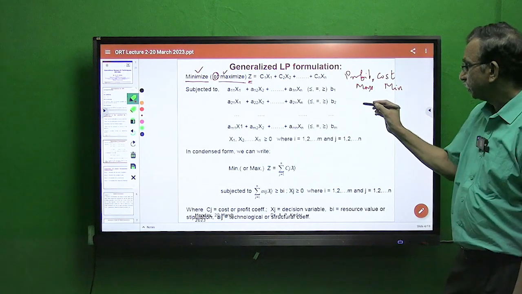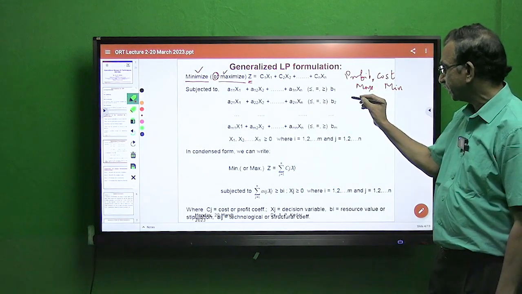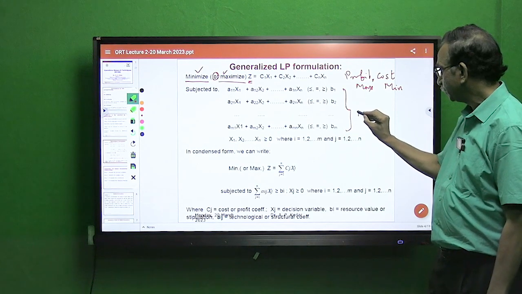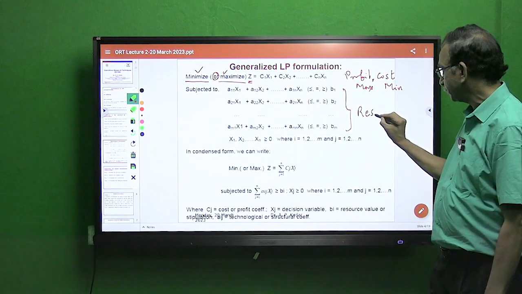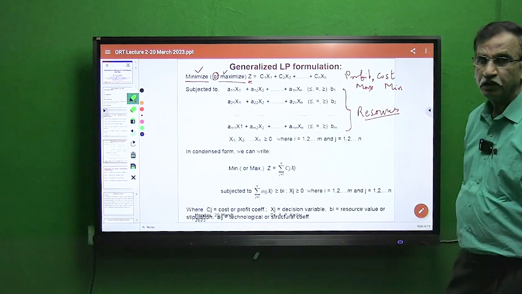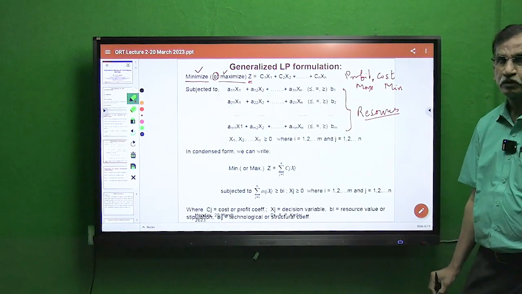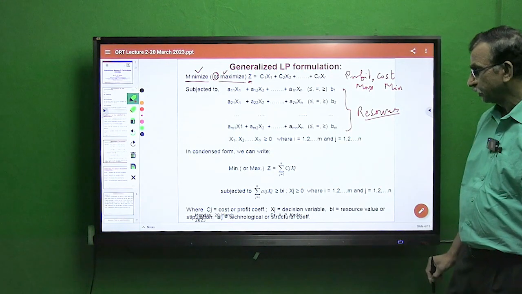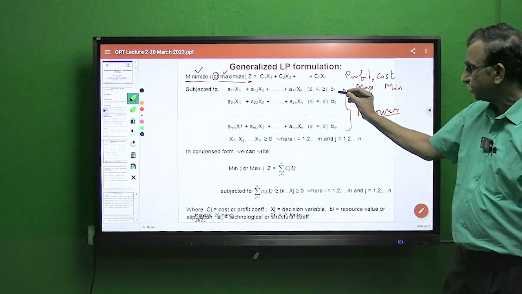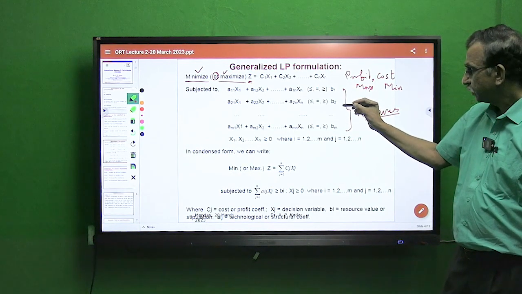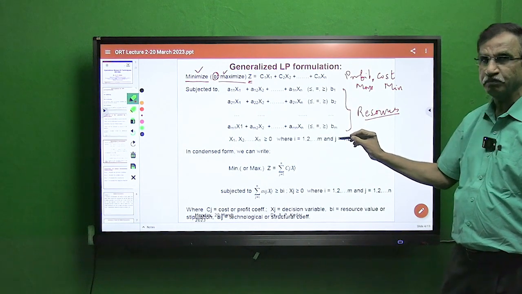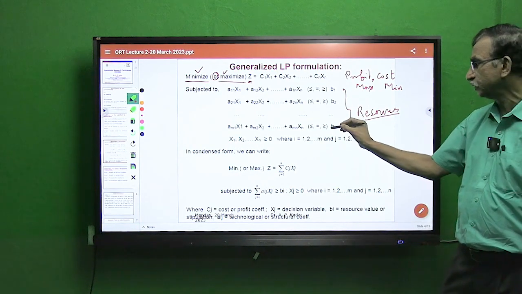Now, in the last lecture I mentioned that B1, B2 up to Bm are the various resources required in the problem to attain the objective function. So for the first resource, the equation ends with B1, for the second the equation ends with B2, and for the mth resource it ends with Bm.